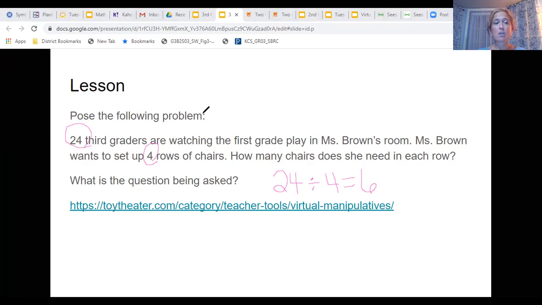But in division, we know what the total is, and we're trying to divide that total by either the number of groups or the number in each group. And remember, this big number right here goes first, okay? Because we cannot divide 4 24 ways. We couldn't say 4 divided by 24 because you guys don't do parts of numbers yet. So we always have to have that bigger number first divided by a smaller number, okay?